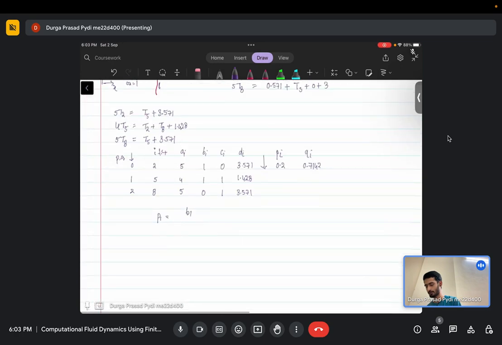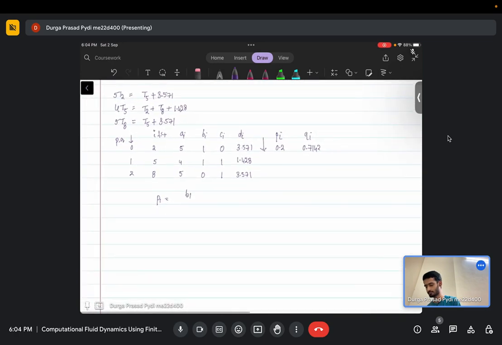So P1 will be B1 by A1 minus C1 into P0. Q1 will be C1 times Q0 plus D1 by A1 minus C1 times P0.